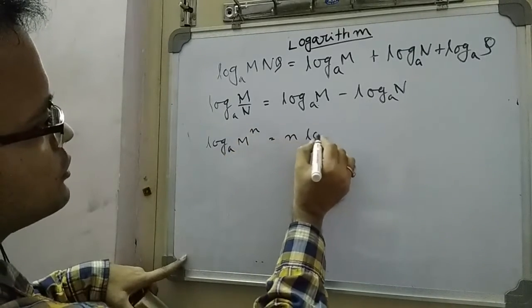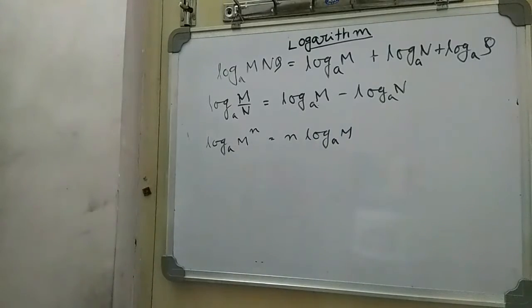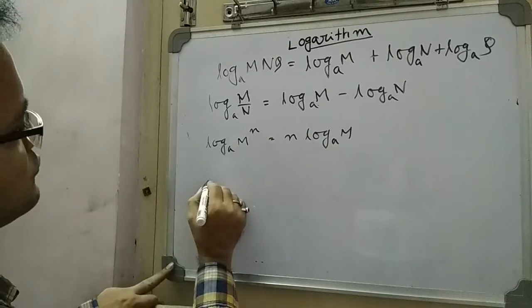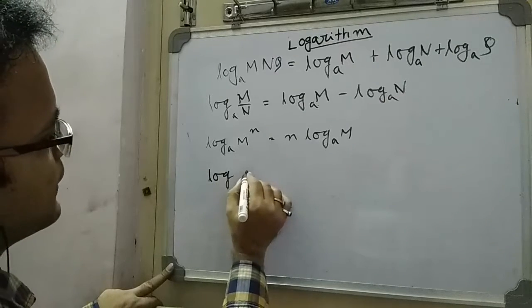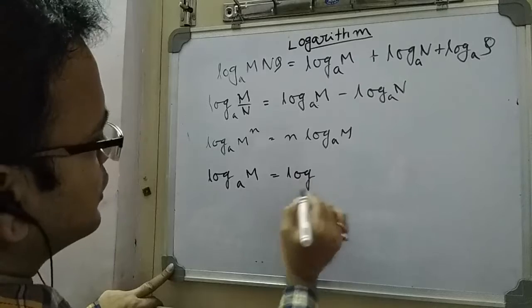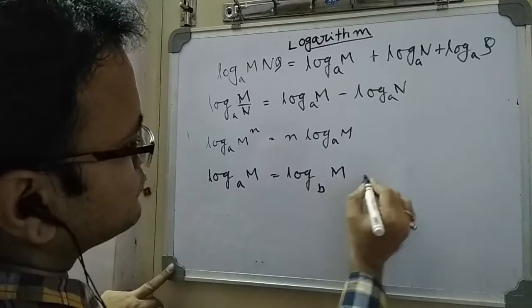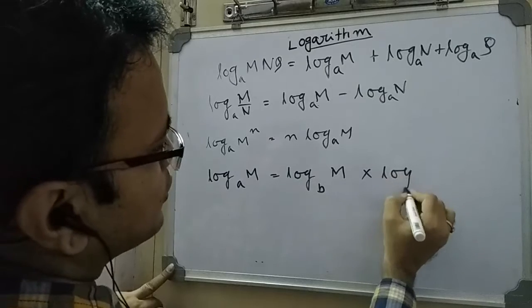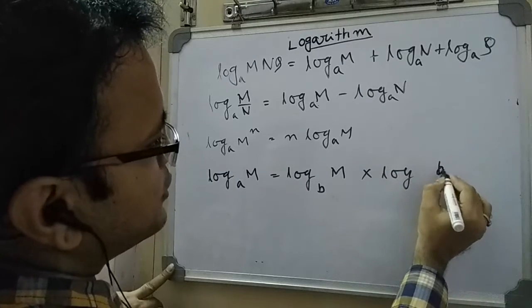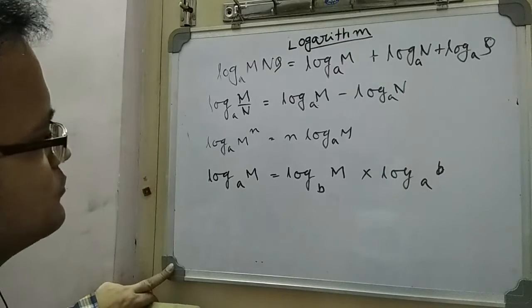This is n log m base a. Again, log m base a can be written as, here see I am changing the base, log m base b into log b base a. Why is this so?